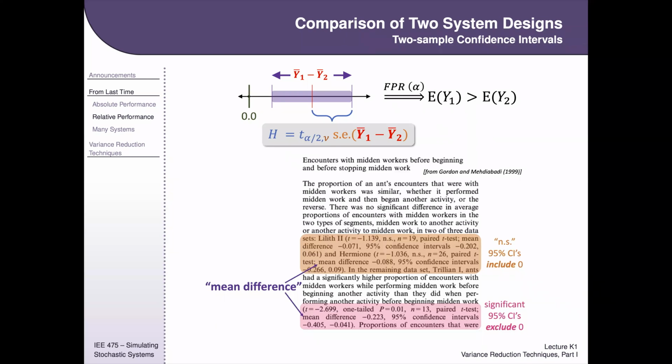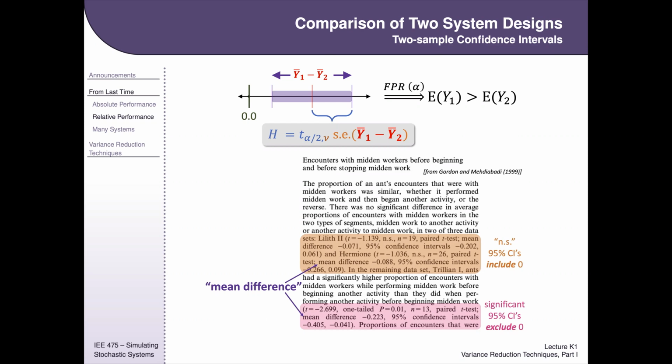So the center of that confidence interval is negative 0.071. The 95% confidence intervals go from negative 0.2 to positive 0.061. So right there, they're saying we calculated the difference between these two systems, and the resulting confidence interval included 0. Consequently, we could not conclude that these systems were any different.